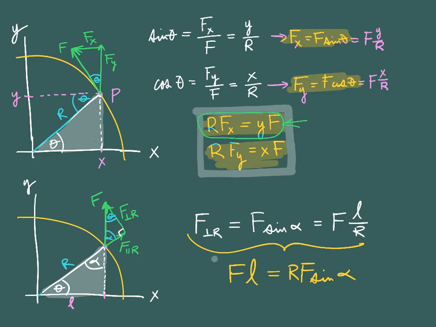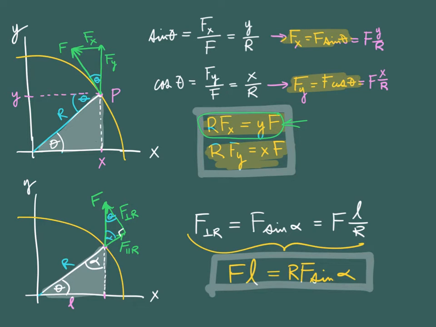So we obtain a third equation in this description of a system that has this rotational motion thing going for it. And that lever arm is just basically the distance away from the center of rotation where the force is applied.